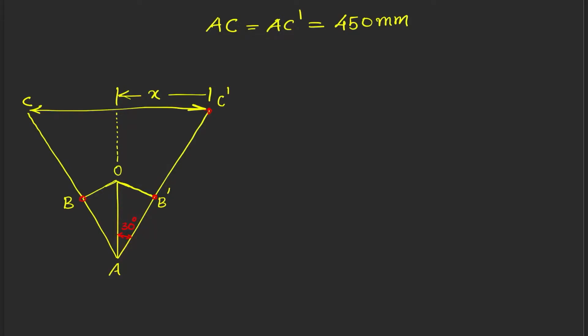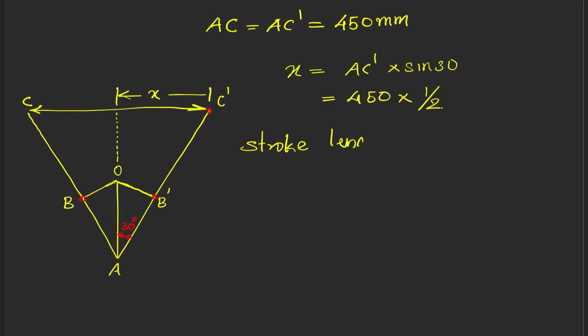So from this triangle you can evaluate x equal to AC dash into sin 30. Given AC dash as 450 mm into sin 30, which is 1 by 2. And you know that the stroke length, that means the distance traveled by the tool during the forward or return stroke, is equal to 2 into x, that is the distance from C to C dash, which is 2 times x, as it is symmetrical.